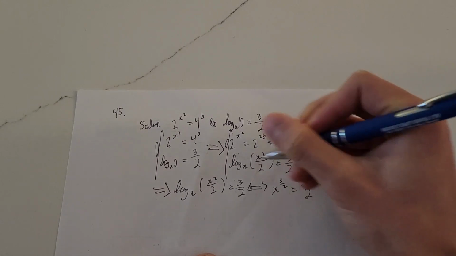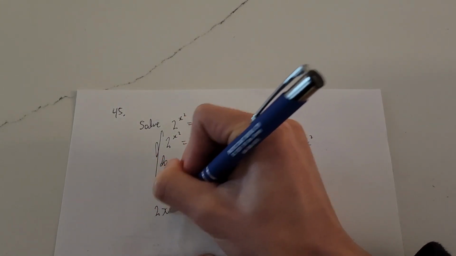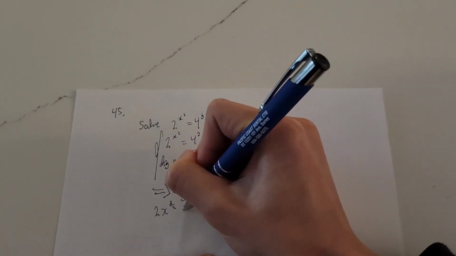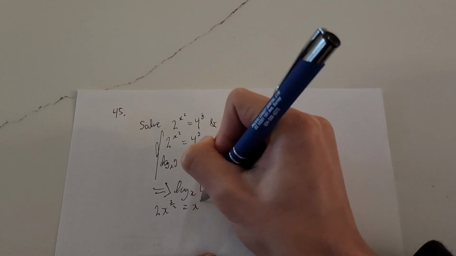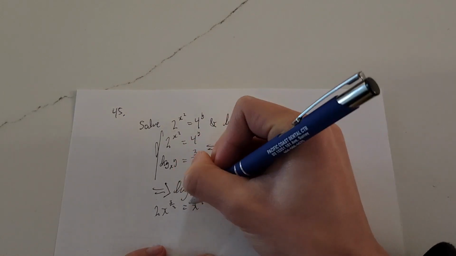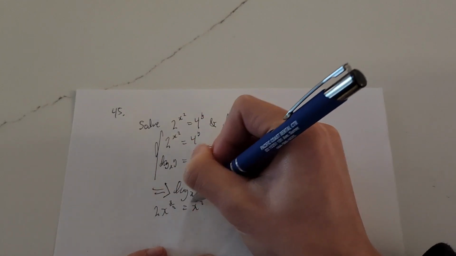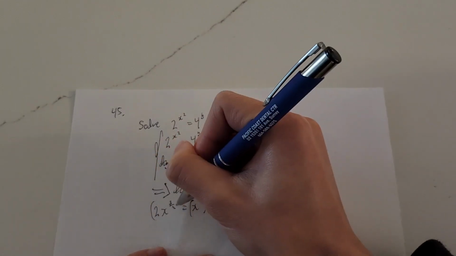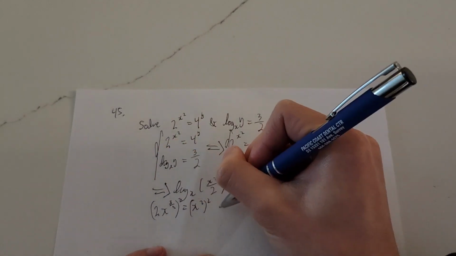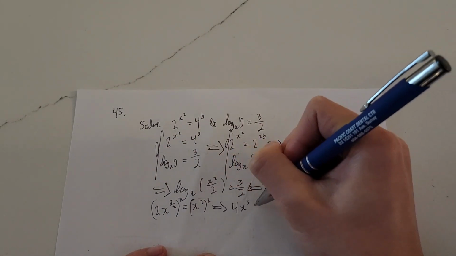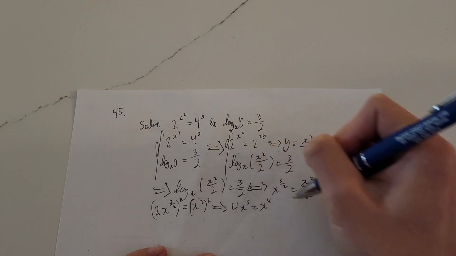All right, multiplying this out, we have 2x to the 3 over 2 is equal to x squared. And I just want to solve this equation, so I want to get rid of this root. So I'm going to square both sides. So now that implies 4x to the power of 3 is equal to x to the power of 4.